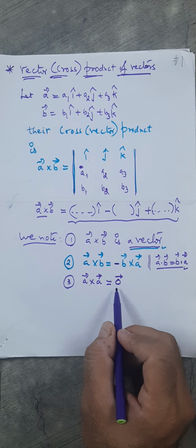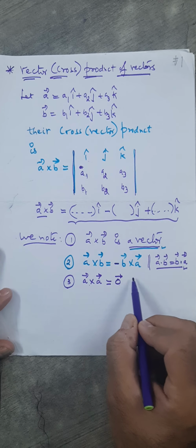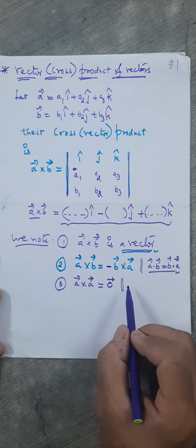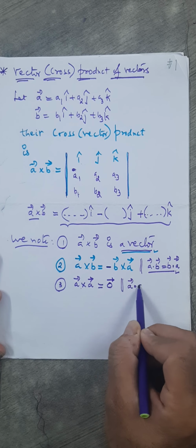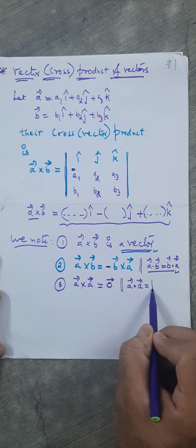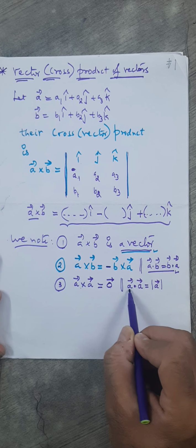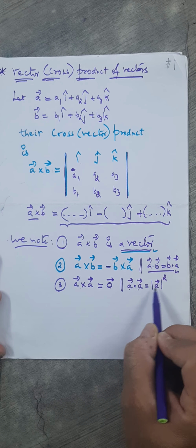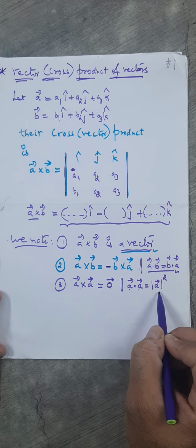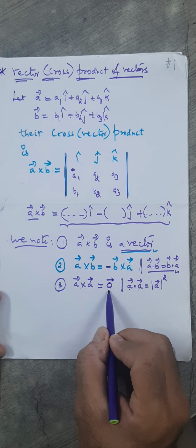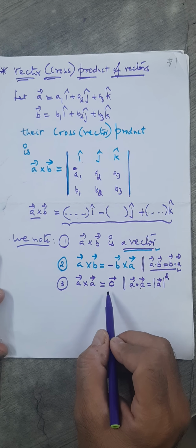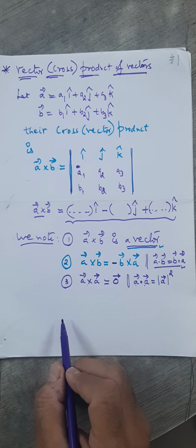Here it is a null vector. Just recall in a dot product what we were getting. This was a very important point in the previous exercise. The dot product of a vector with itself gives the magnitude of the vector whole square. Here it is a null vector, not 0, remember, it's a null vector. Fine.